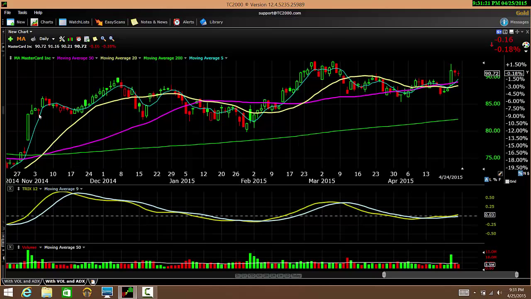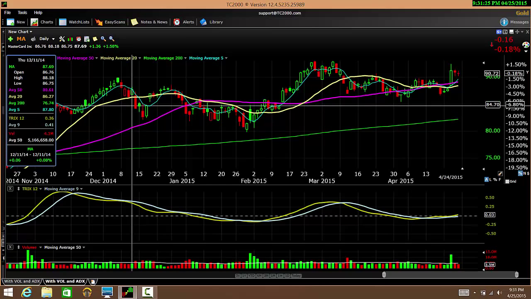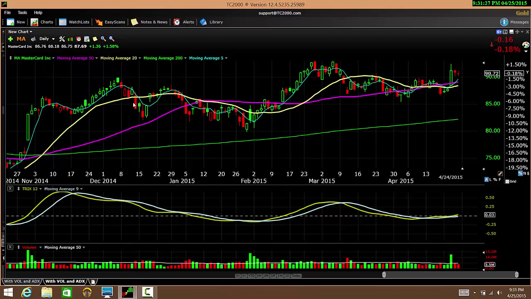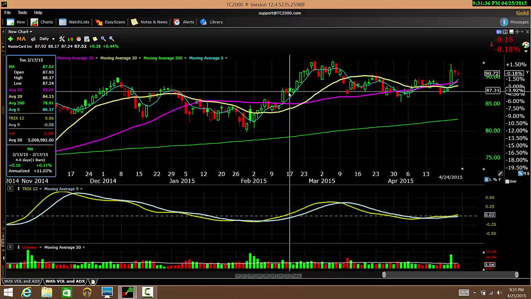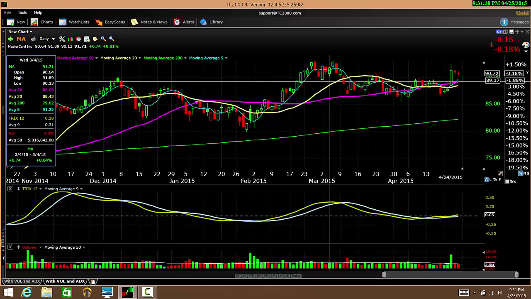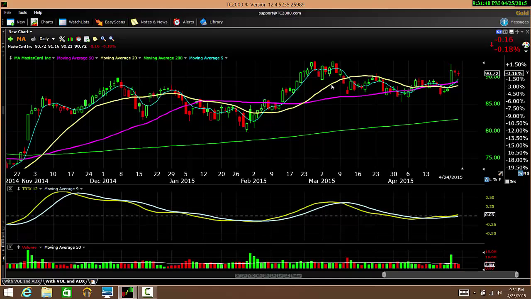So at around 79. And you hold the stock until it breaks the 20-day moving average, which is around 85 for a $6 move. And you wait until you get another buy signal here at around 87, and it breaks the 20-day moving average at 89 for a $2 move.